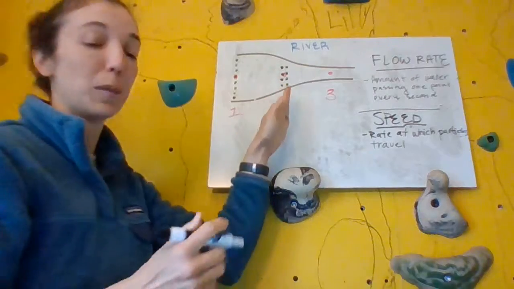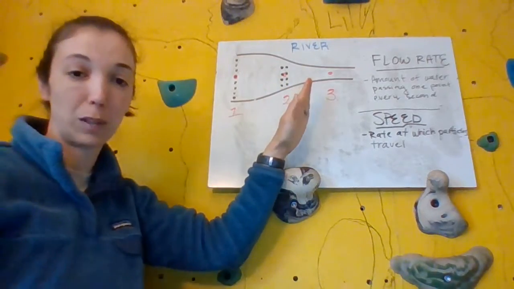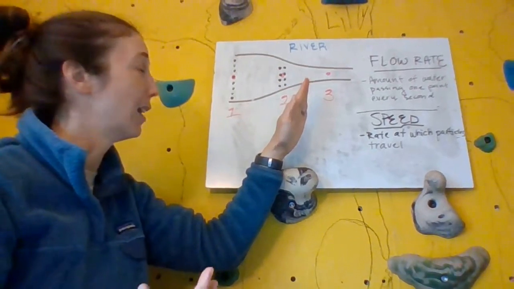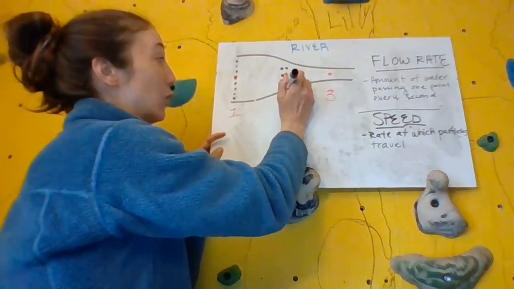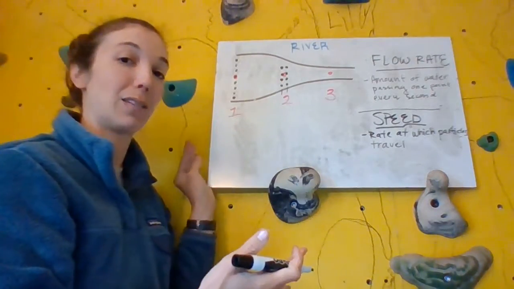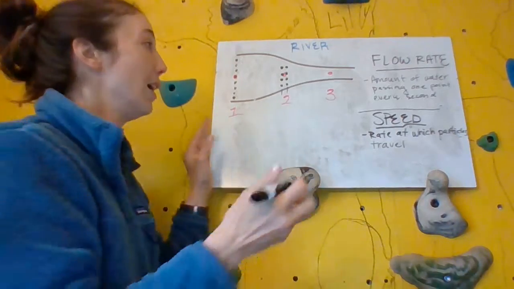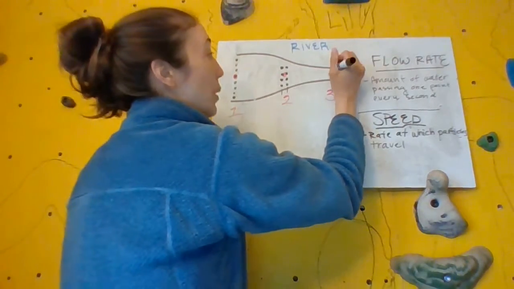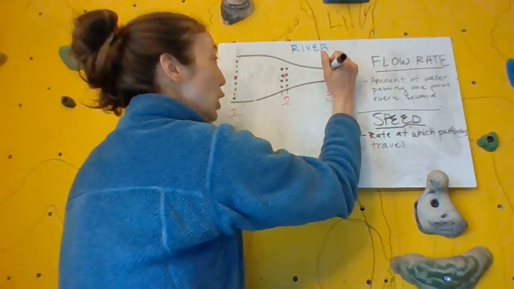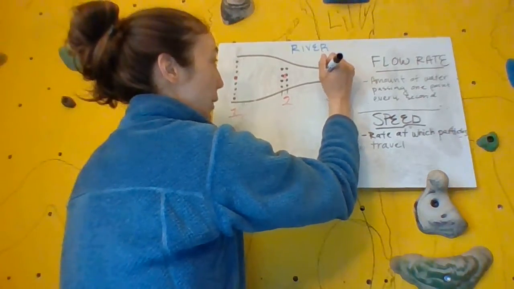So now to get past position 2, they all have to get past position 2 in the 1 second, but they have basically 2 rows of them that have to get past that point in 1 second, so they have to move faster to get through there. At position 3, it's even narrower, so maybe there's only 2 particles that can fit next to each other.